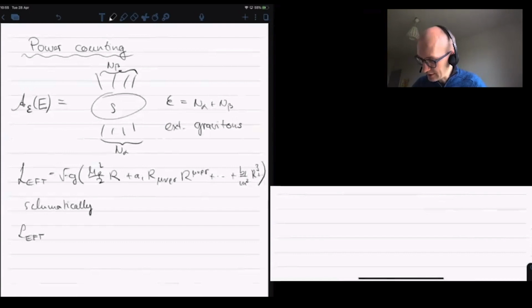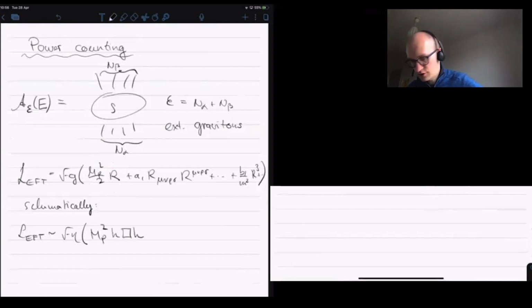So schematically, let's expand this around flat space, right? So we have this eta, which of course is 1. From this first term, we get the thing that we constructed a couple of lectures ago. So we get things of order m Planck squared h box h, plus m Planck squared h squared box h, and so on.